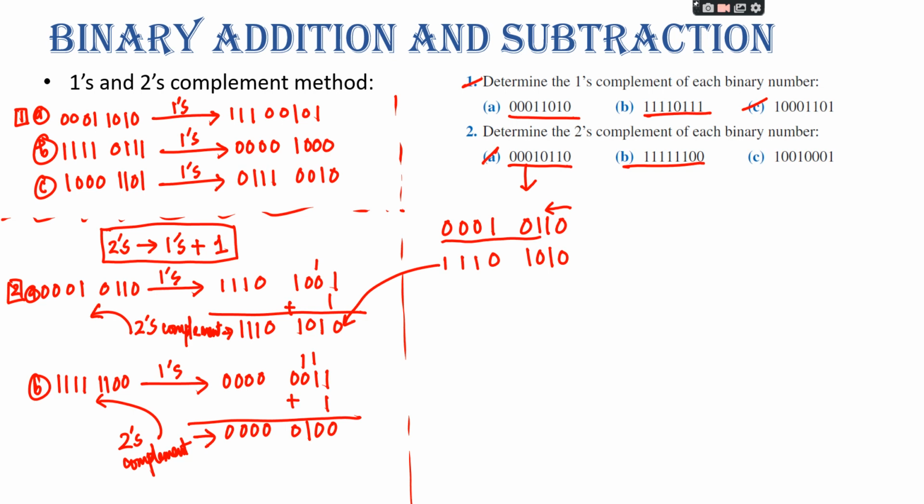Any questions so far? No, sir. Similarly, if you have this number, we can write 1 1 1 1, then again 1 1 0 0. So if we start from the right, we'll go until we get the first one. Here we get the first one, so the number will remain as it is until the first one.